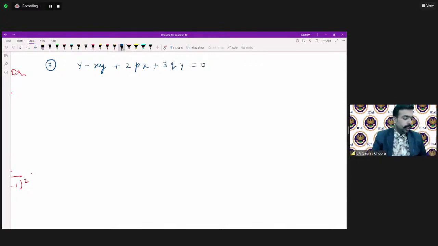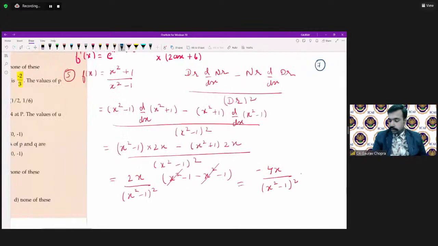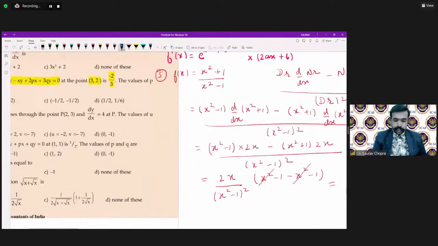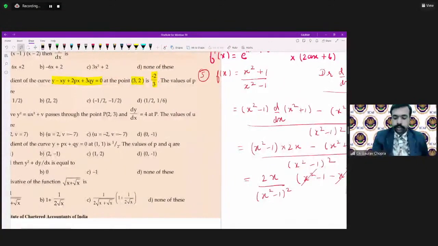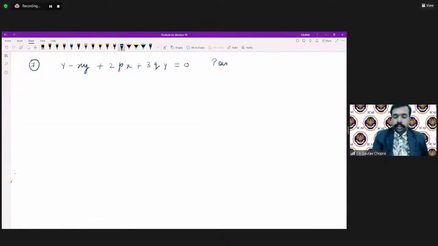What are the values which are given to us? The point given is 3, 2, that is x, y is given. And the gradient given is minus 2 upon 3.